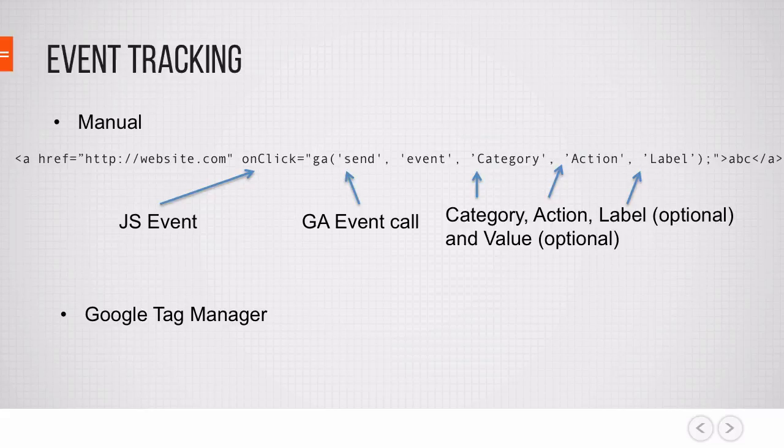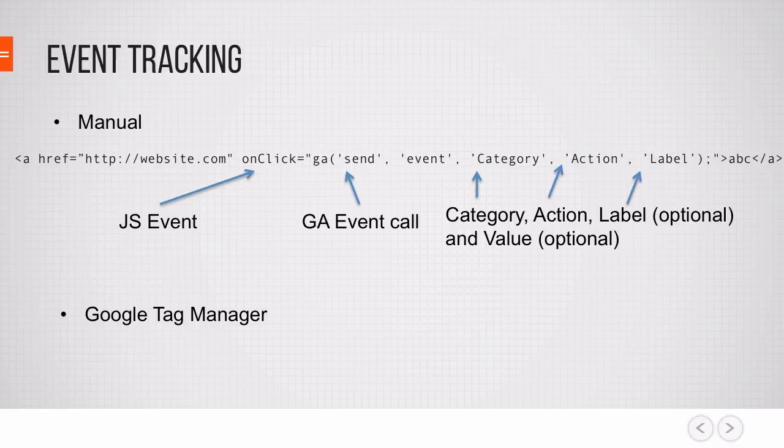Now I realize that some of you don't have direct access to the website or all its links, and it might also be a little bit tedious to track all these links. So I would encourage you to try out Google Tag Manager, because once you install the code, it will give you the capability to track certain interactions on the page automatically.